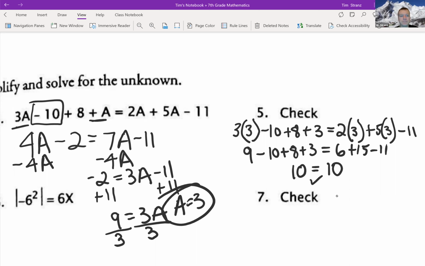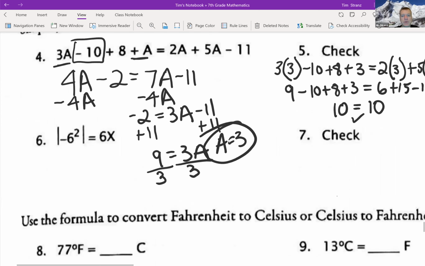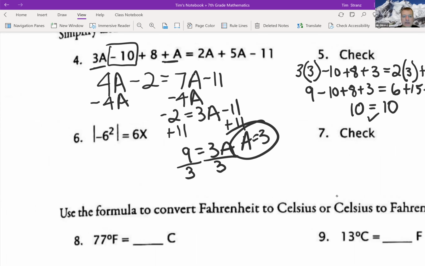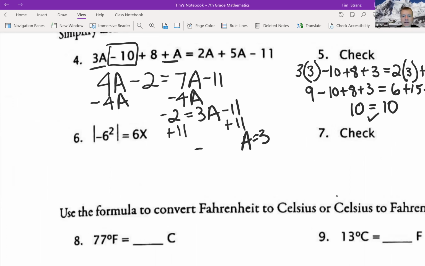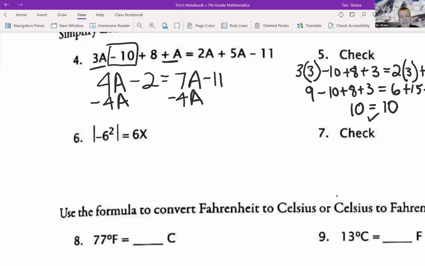Okay. Let's look at number 6. I'm going to erase this here. Okay, so I got negative 6 squared in absolute value brackets. First I'm going to do the exponents. So if you just imagine that the brackets are not there right now, it's going to be negative 6 times 6, which would give me a negative 36.